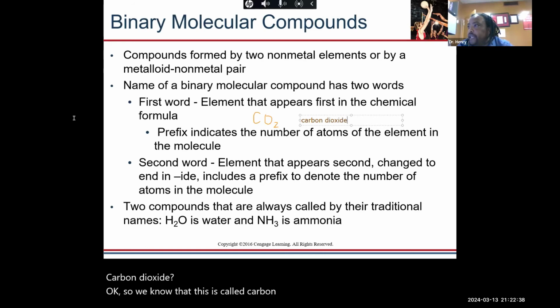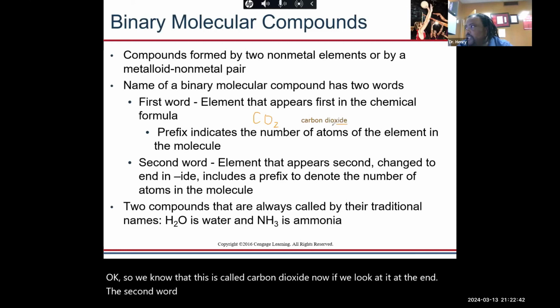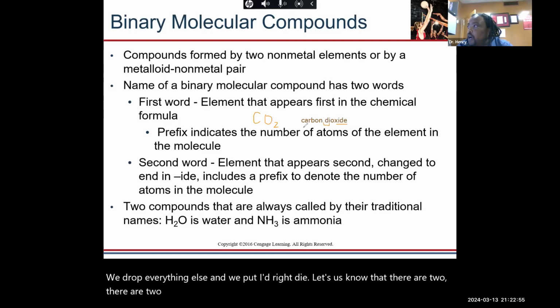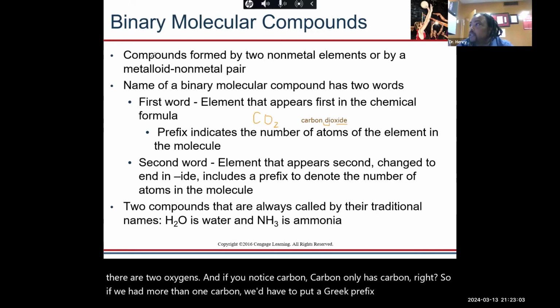If we look at the end, the second word has "ide" instead of oxygen. We drop everything else and we put "ide." Di lets us know that there are two oxygens. And if you notice, carbon only has one carbon. So if we had more than one carbon, we'd have to put a Greek prefix to say that.